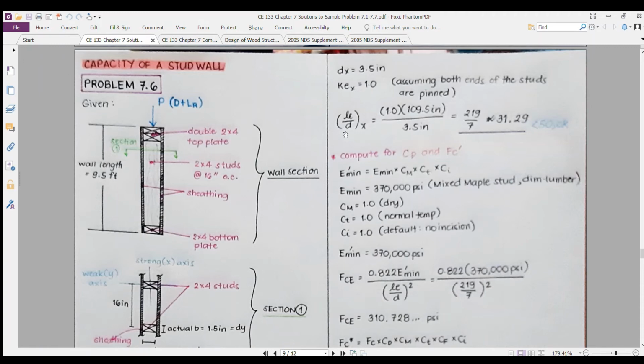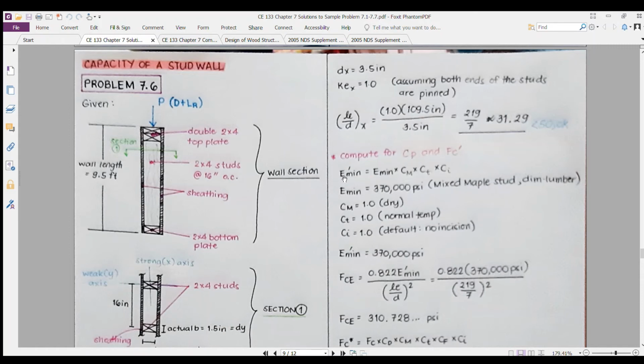So L sub e over d is equal to 1 multiplied by 109.5 inches over 3.5 inches. We have a slenderness ratio of 31.29, which is less than 50. So we are going to compute for C sub p and F sub c prime.